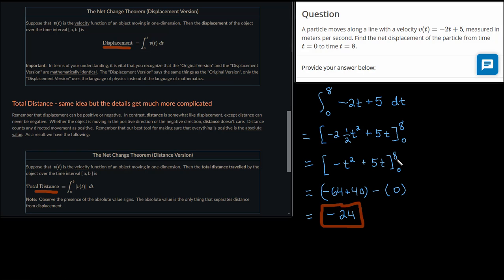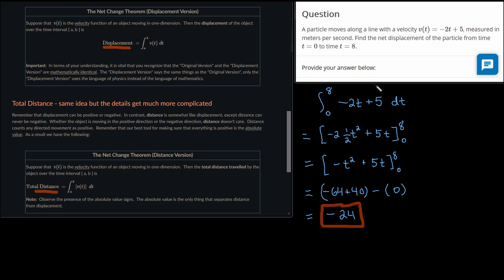If you think about the number line, traditionally, moving to the right is positive and moving to the left is negative. So the fact that we got a negative number here just means that the particle ended up 24 units to the left of where it started. So displacement can be positive or negative.